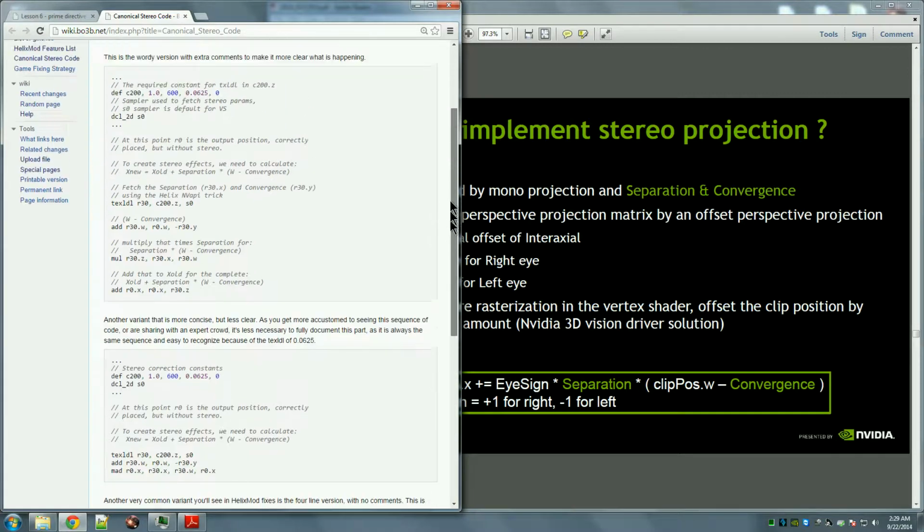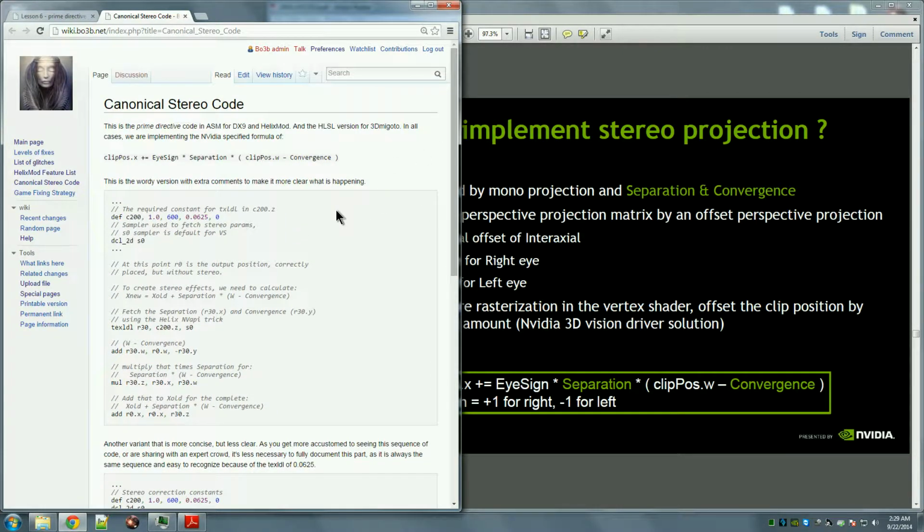In assembly language, it's a little bit more complicated. In DX9 and Helix mod, this is the code that actually happens when we would do that. The basic principle here is we have our constant that's actually used. This magic number is applied using this texture load operation, so the C200Z is applied in there.